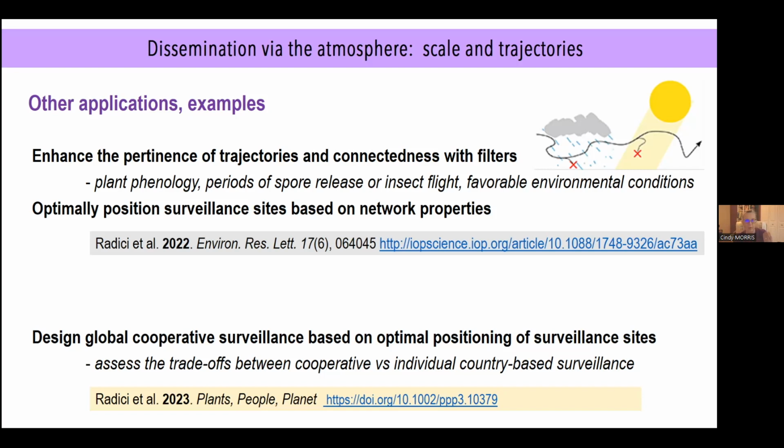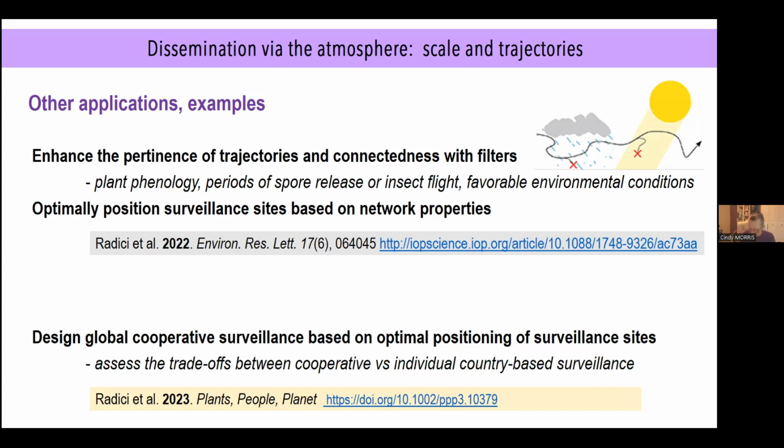Would I be at a risk of losing information for an outbreak locally? So you can also look at political trade-offs for how to do these surveillance things cooperatively. And again, this is by Andrea. It's an extremely interesting paper about how you can optimize this cooperative surveillance.